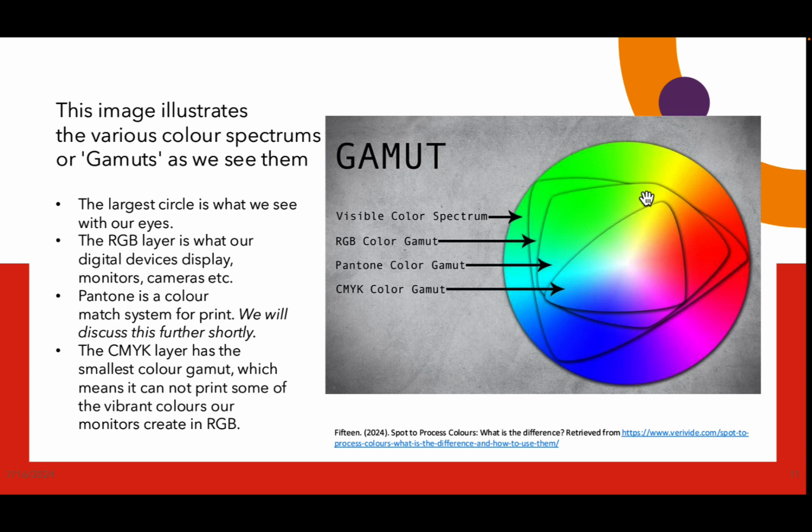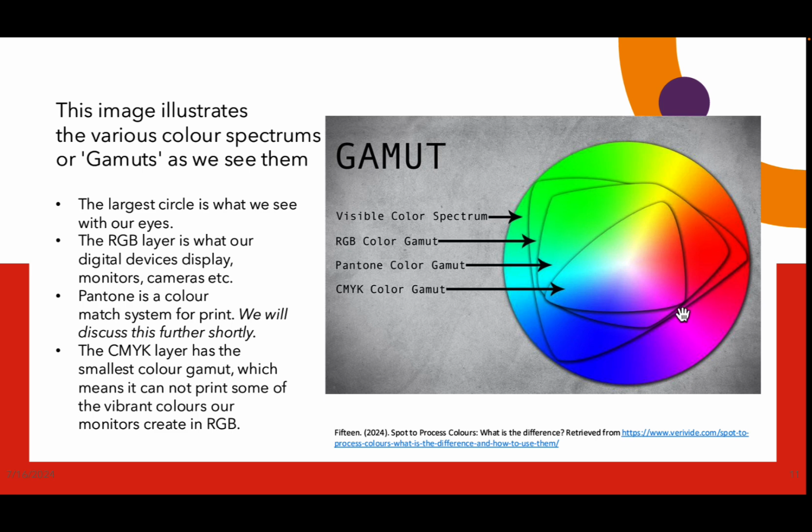This is an interesting diagram because the back circle, the outermost circle, is what we see with our eyes. The next layer inside, this is the RGB. So this is what we're seeing through our telephones or any digital devices, our monitors, scanners.